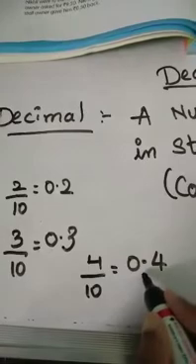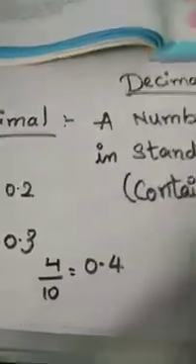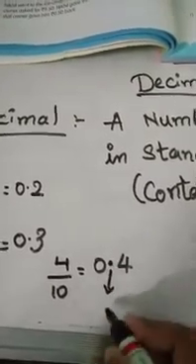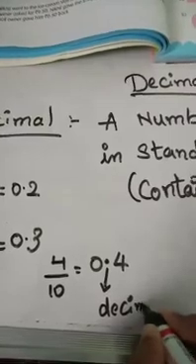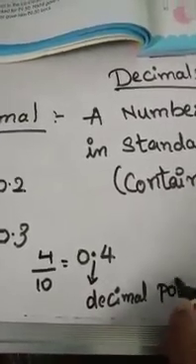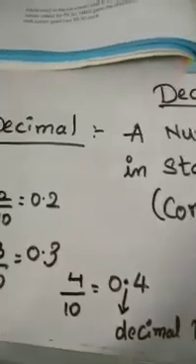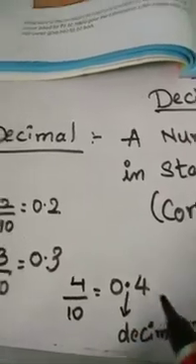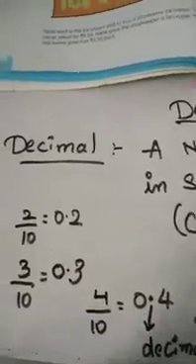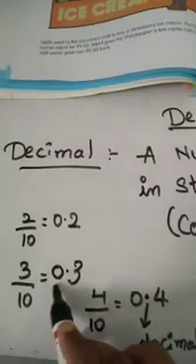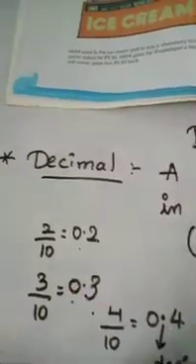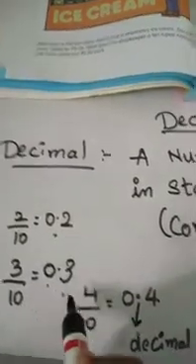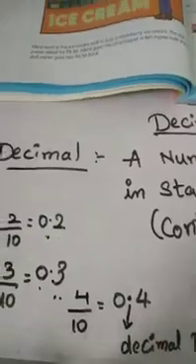We call this point the decimal point, and we read 0.4 as zero point four, 0.3 as zero point three, and 0.2 as zero point two. So 2/10 equals 0.2, 3/10 equals 0.3, 4/10 equals 0.4.